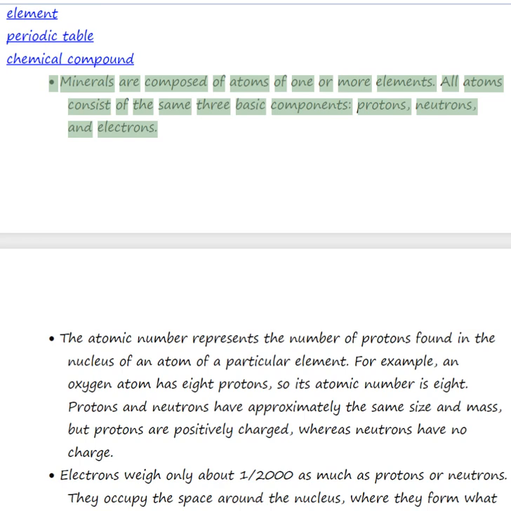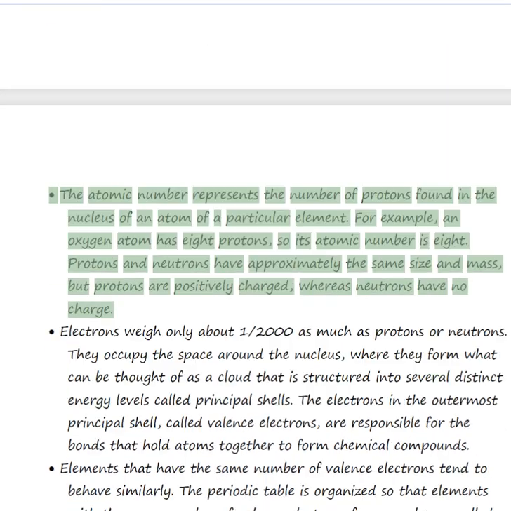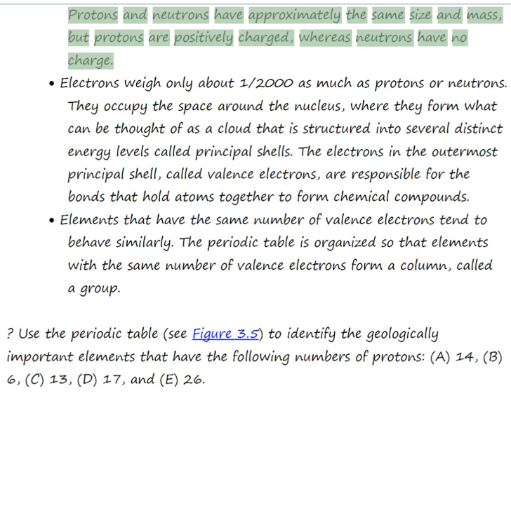All atoms consist of the same 3 basic components: protons, neutrons, and electrons. The atomic number represents the number of protons found in the nucleus of an atom of a particular element. For example, an oxygen atom has 8 protons, so its atomic number is 8. Protons and neutrons have approximately the same size and mass, but protons are positively charged, whereas neutrons have no charge.